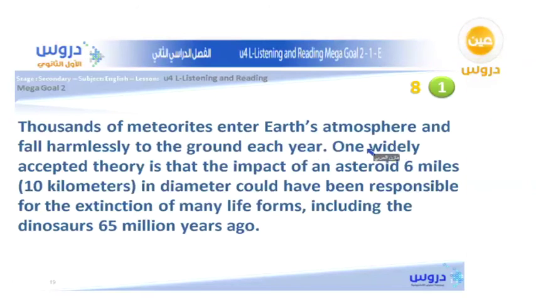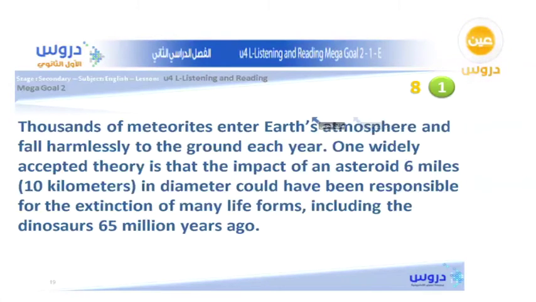This is interesting. So to sum up the first paragraph, it says that meteorites that fall on Earth may, in one way or another, be the reason for the extinction of creatures, and he gave the example of dinosaurs.